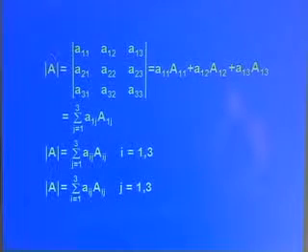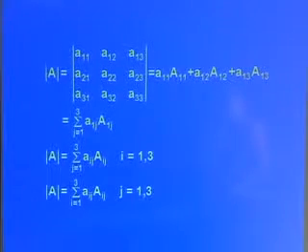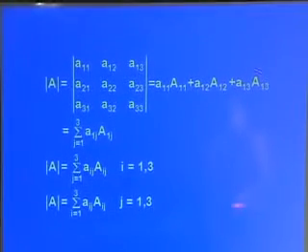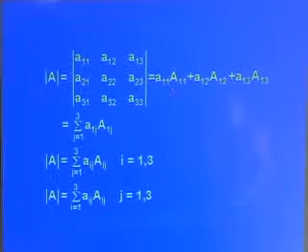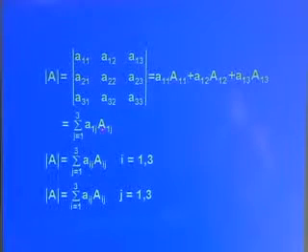Using this, one can write down the determinant A as A11 cofactor A11 plus A12 cofactor A12 plus A13 cofactor A13. Here A11 is the cofactor of A11, A12 is the cofactor of A12, A13 is the cofactor of A13. So in short, we can write this expression as summation j equal to 1 to 3 of A1j times the cofactor. Then determinant A can also be written in this form, where i can take any value from 1 to 3.